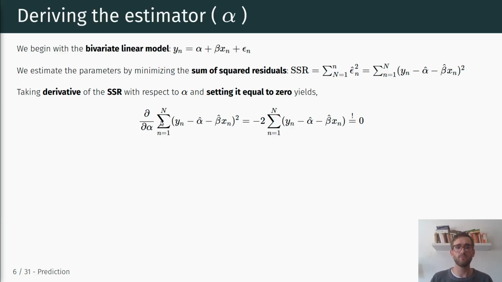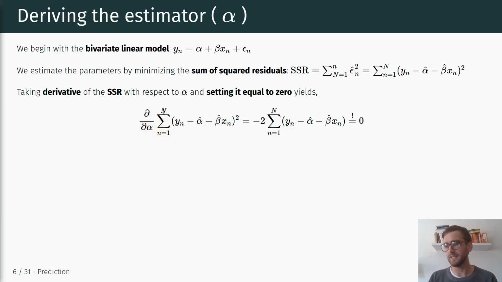And so first, in order to find alpha, our intercept, we take the sum of squared residuals function and take the first derivative with respect to alpha, right? So here we have the notation for the partial derivative with respect to alpha of this function.